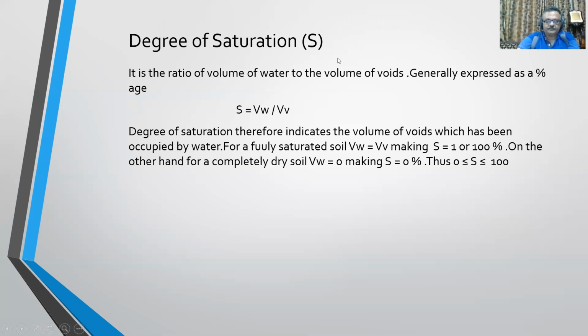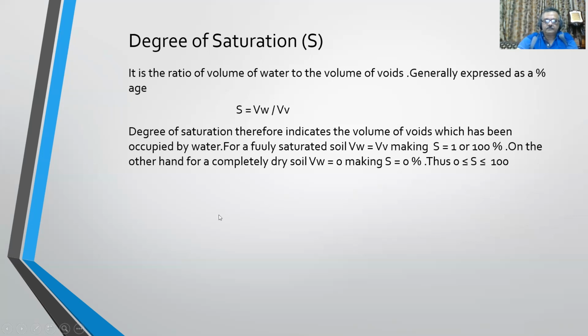Degree of saturation, that is S. It is the ratio of volume of water to the volume of voids. So degree of saturation indicates the volume of voids which has been occupied by water. For fully saturated soil, volume of water is equal to volume of voids.